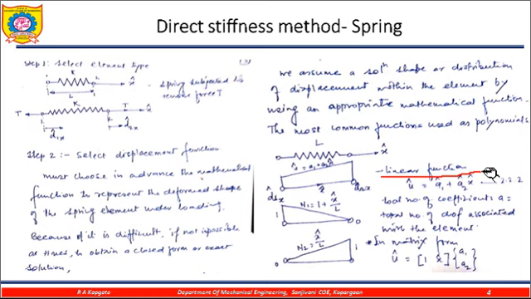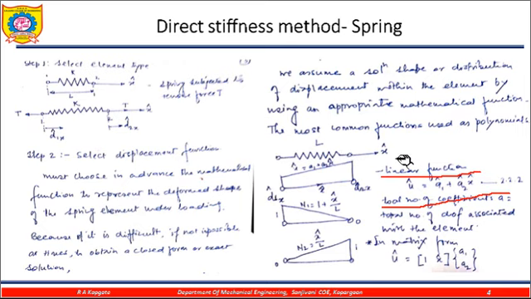Instead, we only consider that the total number of coefficients a is equal to the total number of DOF associated with the element. Now, what does it mean? There are two nodes, and these two nodes are moving along the x-axis.